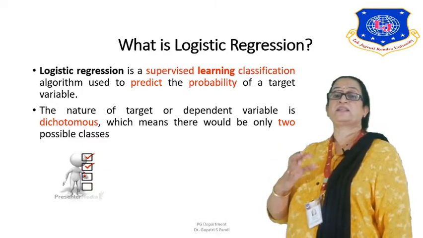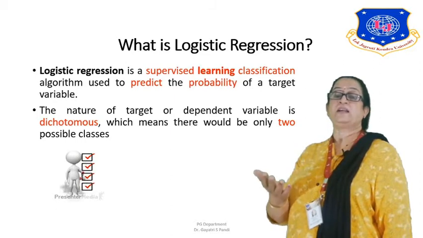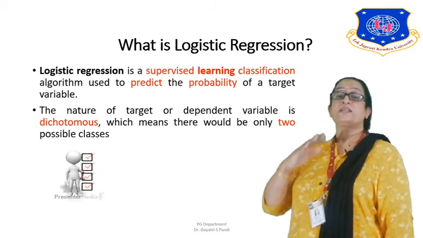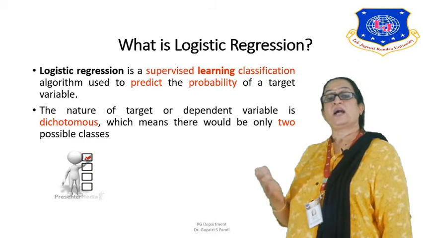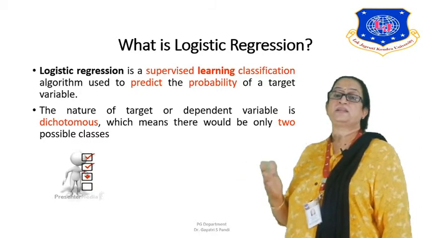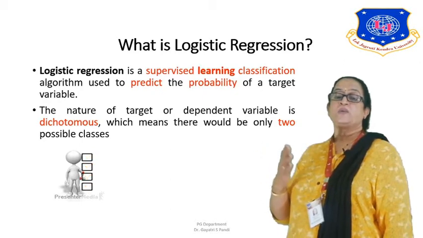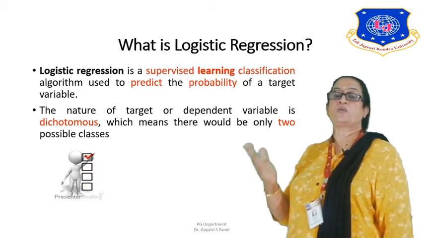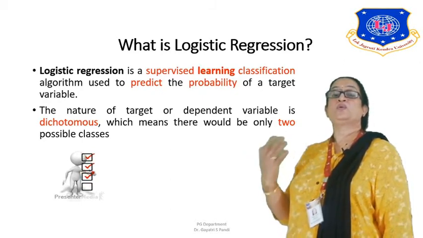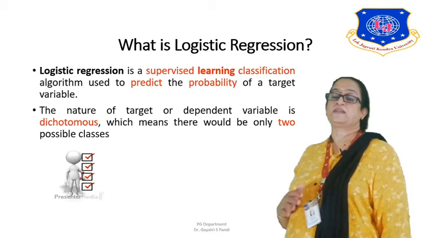If it is cancerous, of course it will be declared as malignant, and if it is not, it will be declared as benign. So the nature of the target or the dependent variable is dichotomous, as I told you. That means it is binary and the values will range from 0 or 1 or yes or no. Normally two possible classes are considered.